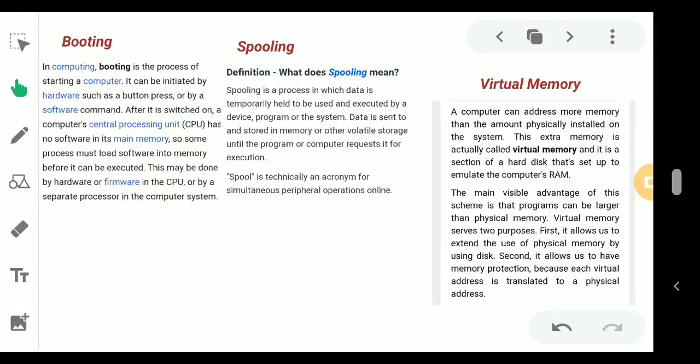Depending upon the way the booting takes place, we can have two different types of booting. One is known as cold booting and another is known as warm booting.